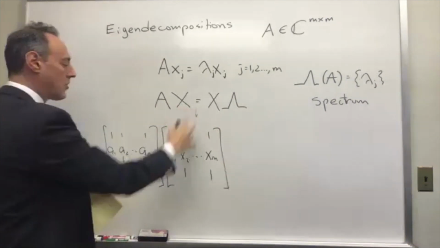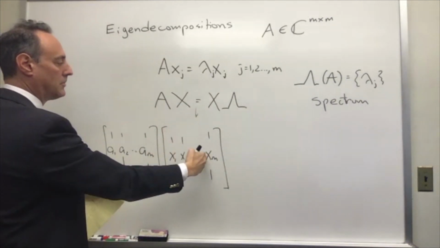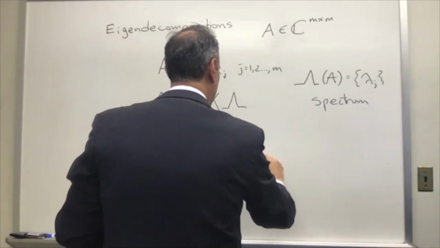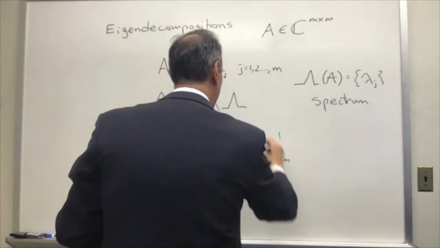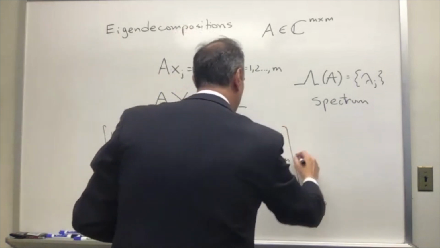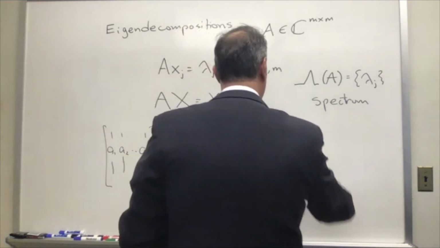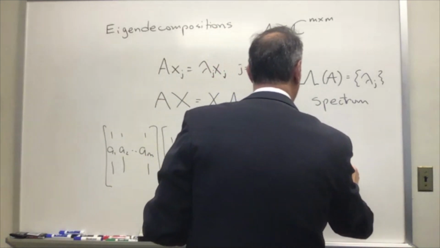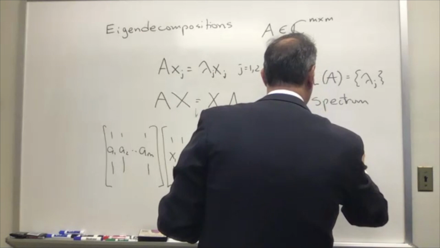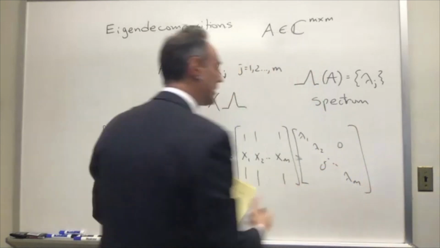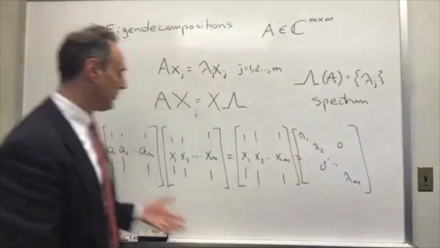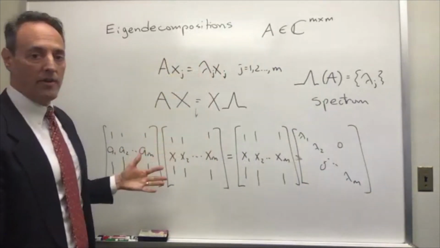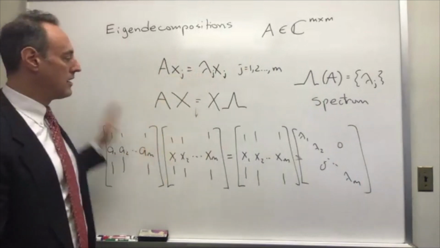So in other words, these are all the eigenvectors put into columns is equal to, again, here's your eigenvectors. Now times this lambda matrix, which is lambda 1, lambda 2, all the way to lambda n, the diagonal matrix with lambdas down the diagonal. So this is a representation of all the eigenvectors, all the eigenvalues together in one fell swoop.